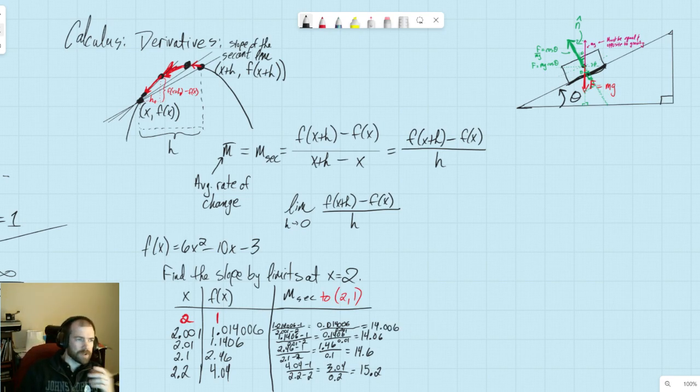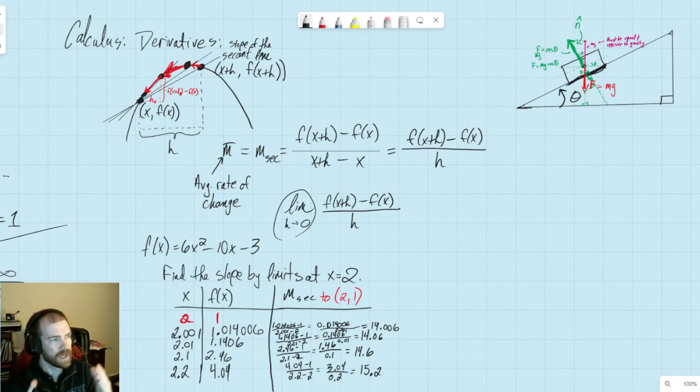All right, and we can always attempt more points, but I think at this point we kind of get the point here, is that as we start decreasing the limit variance h, from a 0.2 difference down to a 0.1 difference, down to a 0.01 difference, down to a 0.001 difference, as we start getting closer and closer to 0, what we end up finding is that this gets closer and closer to 14 with a lot of zeros and then a 6.